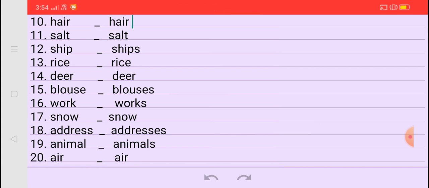It is B-L-O-U-S-E-S, blouses. 16, work, works. 17, snow, the same term. Now 18, address, addresses. es should be included. Animal, animals, s should be included. And air is the same, air. The same word should be used.